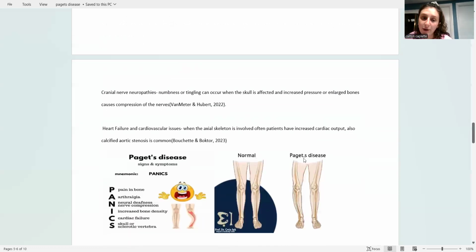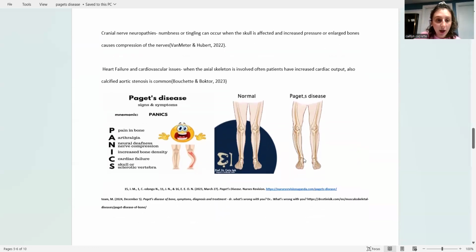Cranial nerve neuropathies: numbness and tingling can occur if the skull is affected, and increased pressure or enlarged bones causes compression of the nerves. Heart failure and cardiovascular issues: when the axial skeleton is involved, often patients have increased cardiac output. Also, they can have calcified aortic stenosis, which is also common.